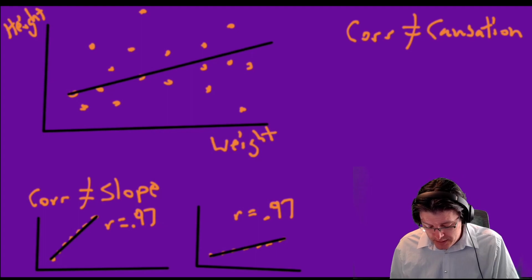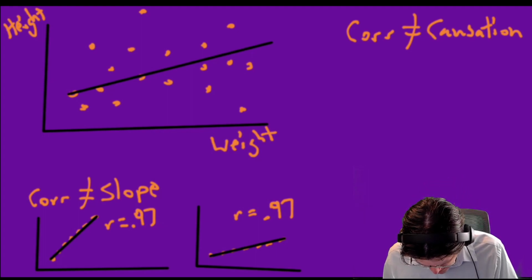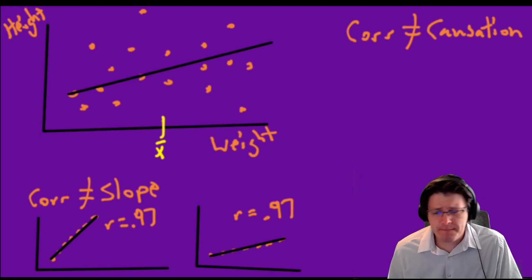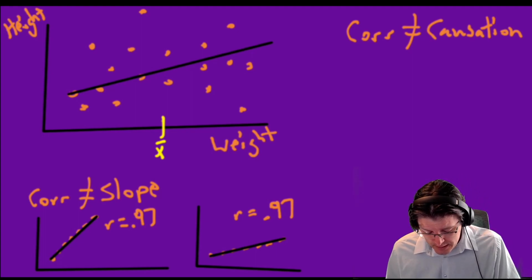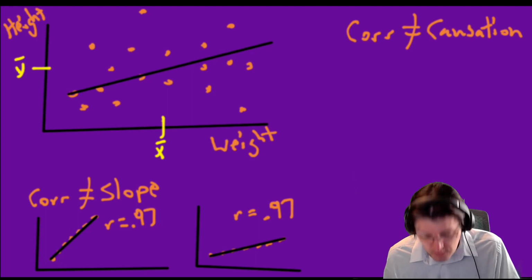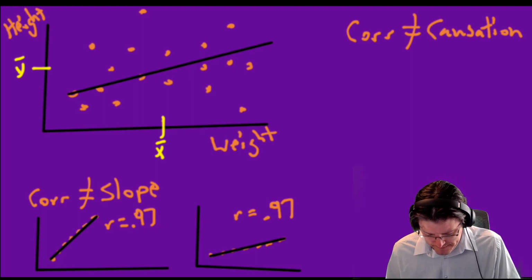So if we think about, and let's see if I can kind of, maybe that's going to be here. I'm just going to call that X bar. Okay. There's also going to be a height average, and we'll put that here. Okay.